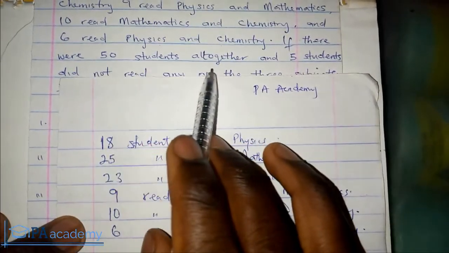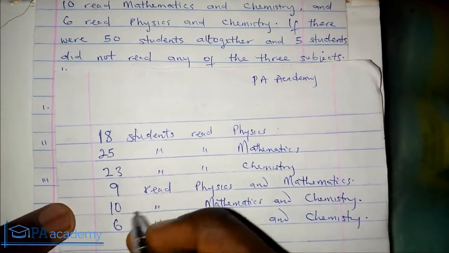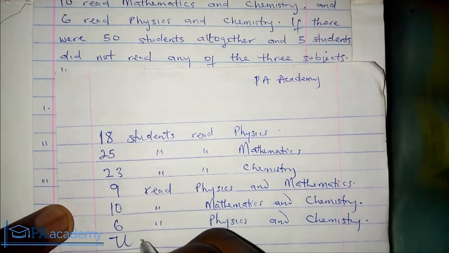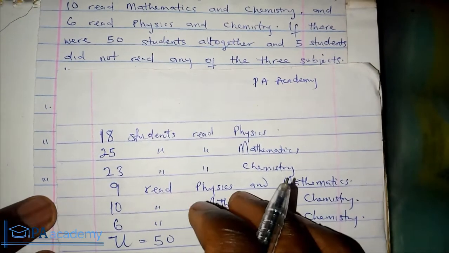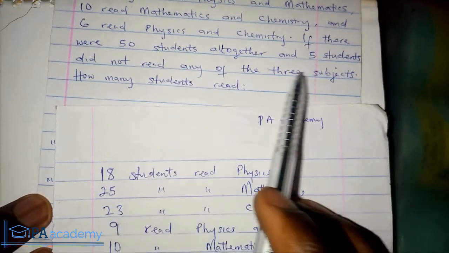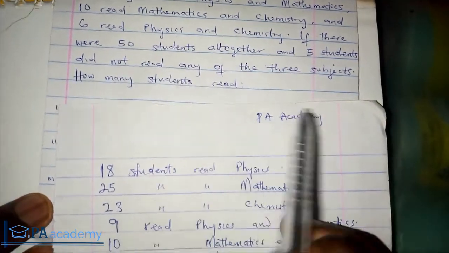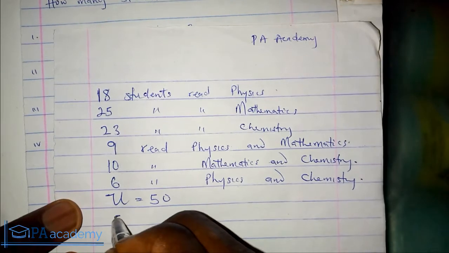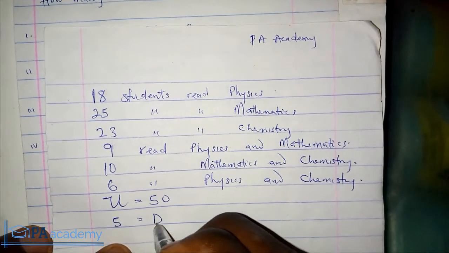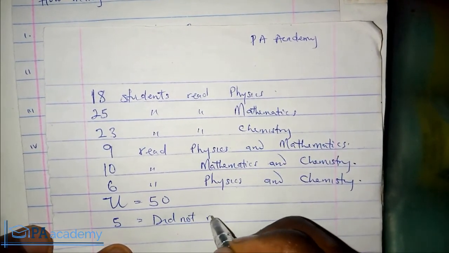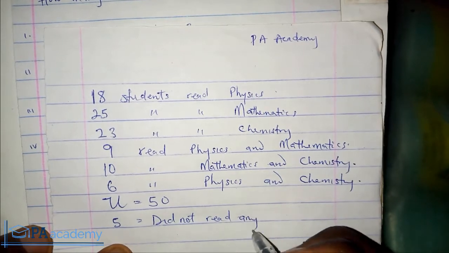So if there were 50 students altogether, that means the universal set is equal to 50. And 5 did not read any of the 3 subjects. So 5 did not read any of the subjects.